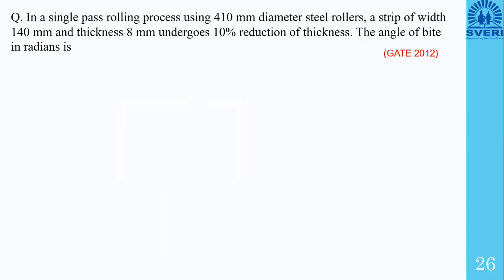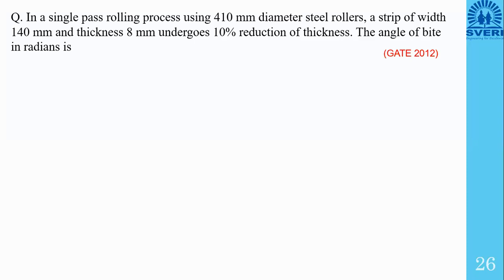This is one more, the GATE 2012 example. In a single pass rolling process using 410 mm diameter steel rollers, a strip of width 140 mm and thickness 8 mm undergoes 10% reduction of the thickness. So 10% reduction. The initial thickness is 8 mm. We have to find out Tf first. How to calculate Tf? 10% is reduced.